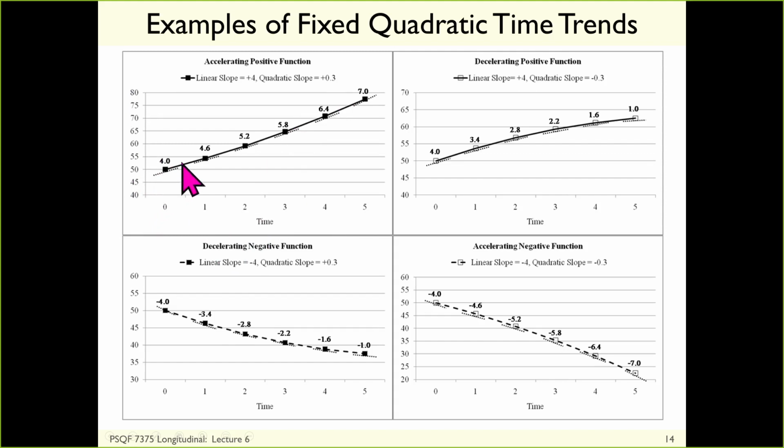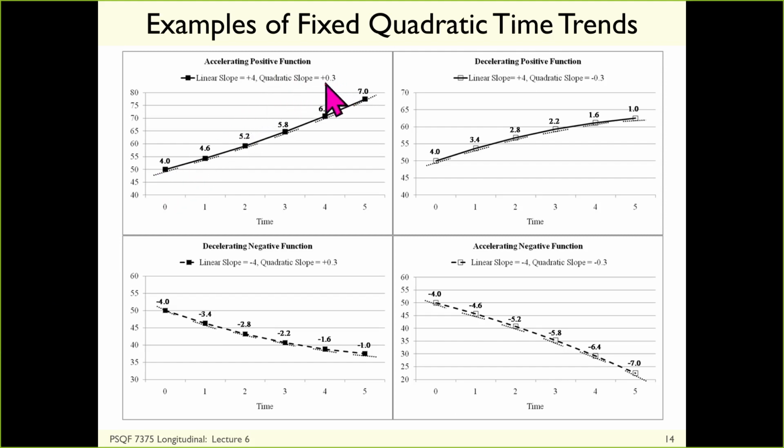Just as once you add predictors, the intercept is the expected outcome when time equals 0, the same thing is true of the linear slope. So in these pictures, 4 is the change in y per unit time at time 0 specifically. It is the slope of the line that is tangent to the curve at that point, which is what these little dotted lines are trying to convey here. So at this occasion, the slope for change over time is 4.